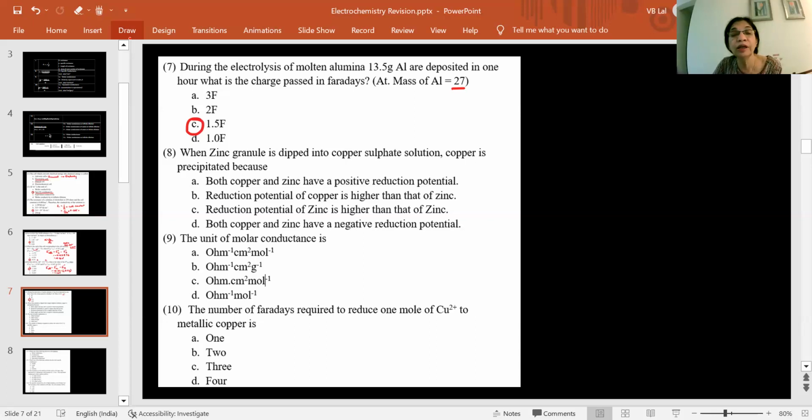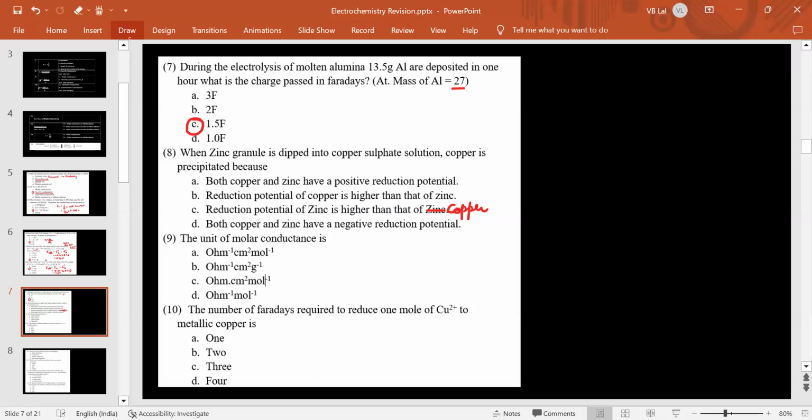And both copper and zinc have negative reduction potential. Here I made a mistake. So why is copper precipitated? Somebody tell me. Ma'am, is it C?